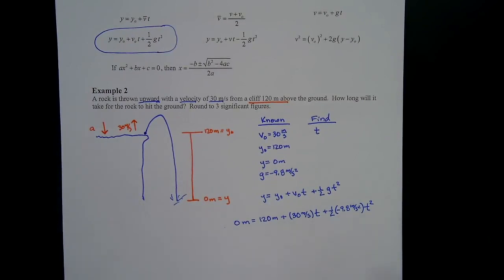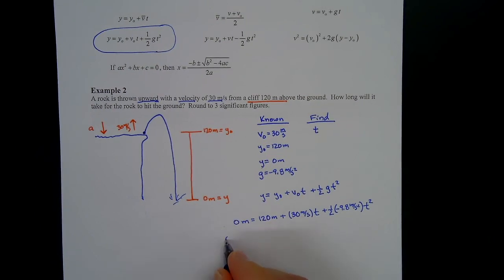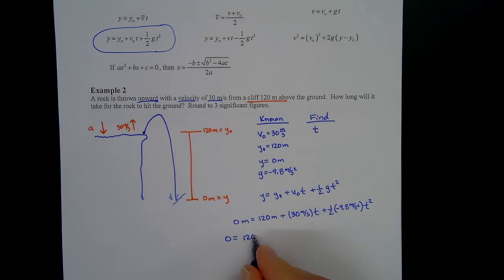Okay. All right. I'm going to tell you, it's probably easier if you work this as just the numbers, and we don't write the units. So this is just going to be 0. This is just 120. This is 30t. And this is a positive times a negative, right?